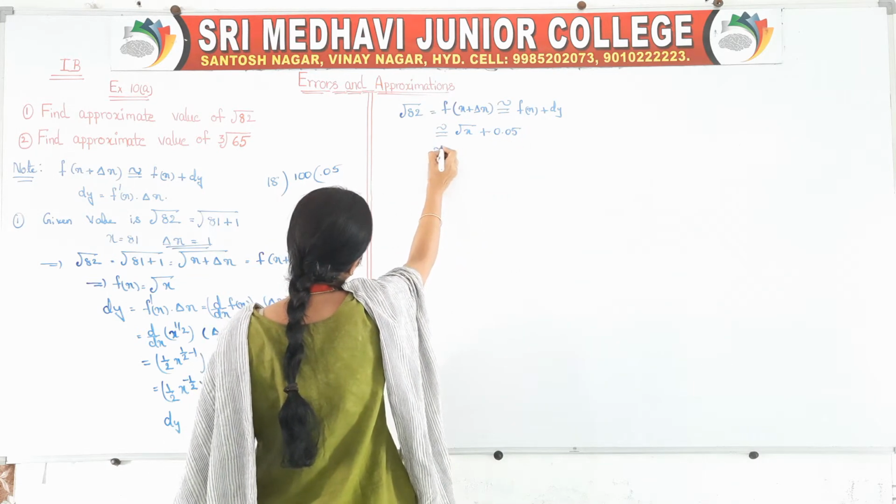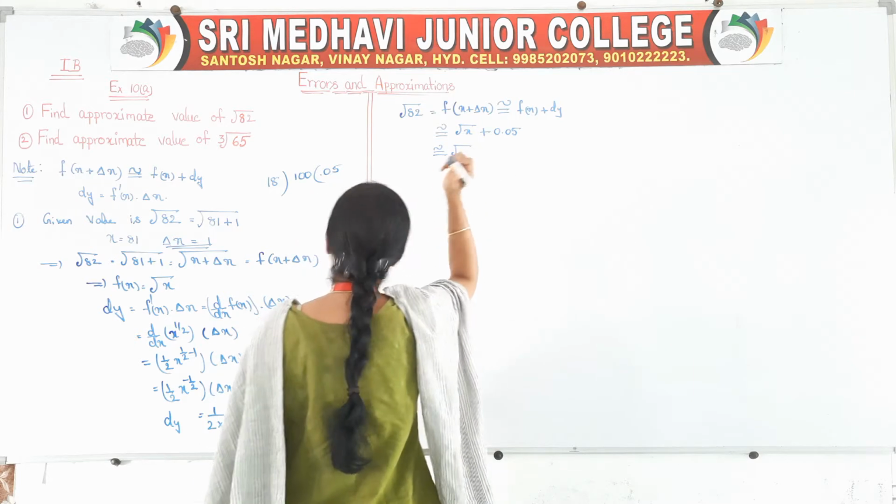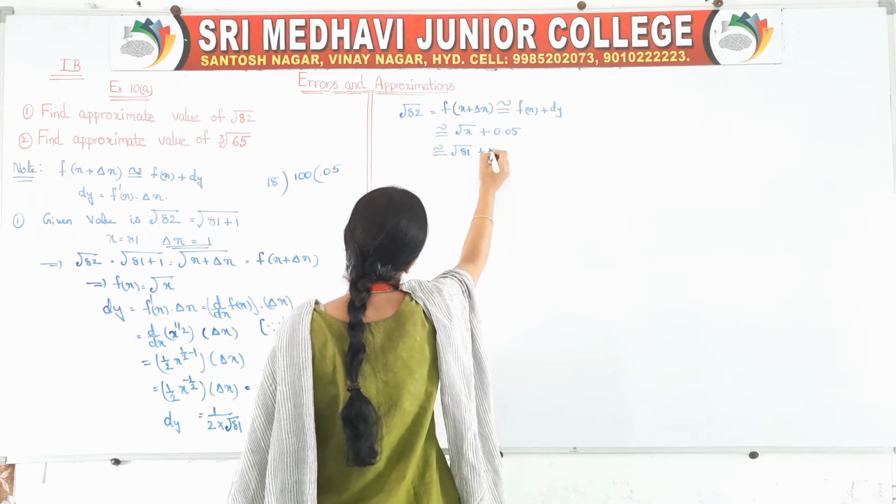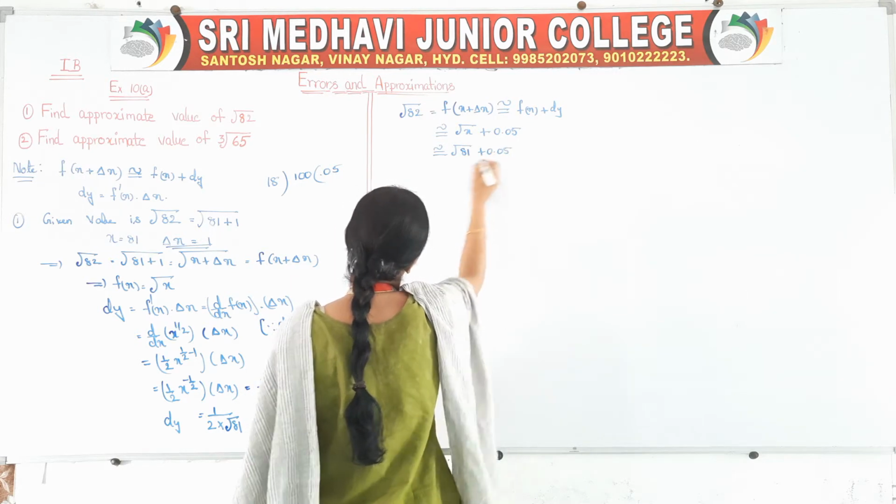So approximately equals root of x, and x is 81, plus 0.05.